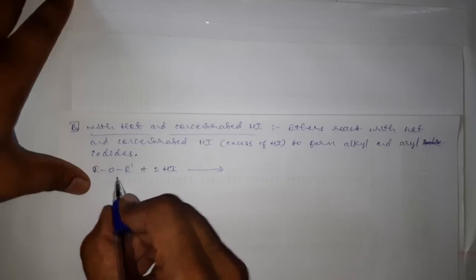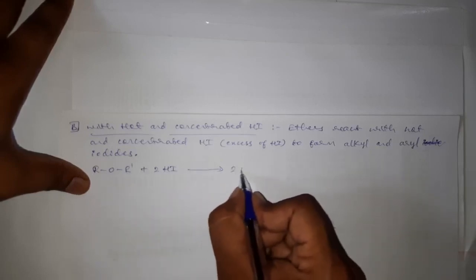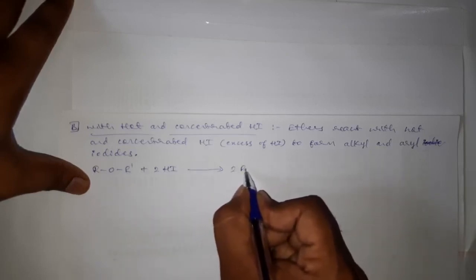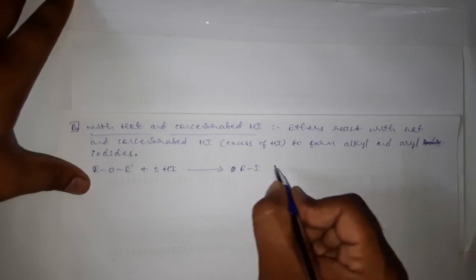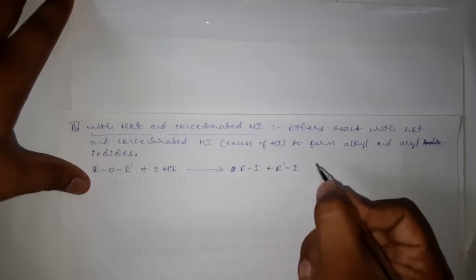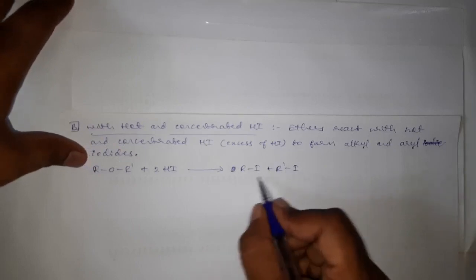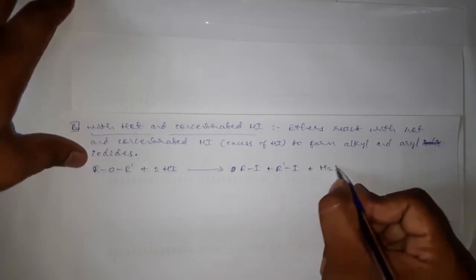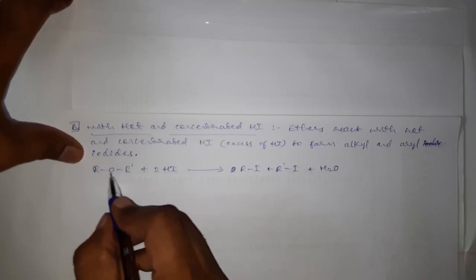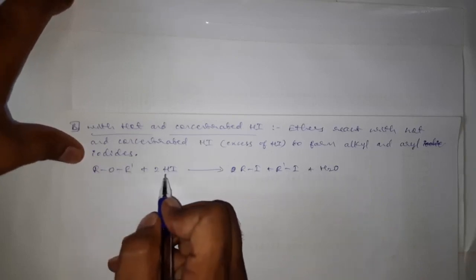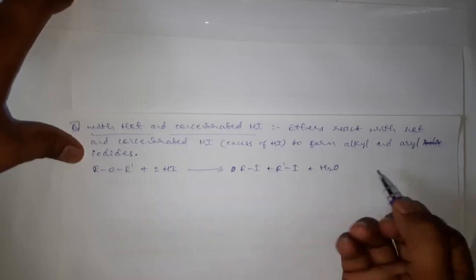When it is treated with ether, we will get 1 mole of RI and 1 mole of R'I, both the substituents converting into their corresponding iodides, with the formation of H2O. This oxygen of ether is now combining with the 2 hydrogens of hydroiodic acid to form water.